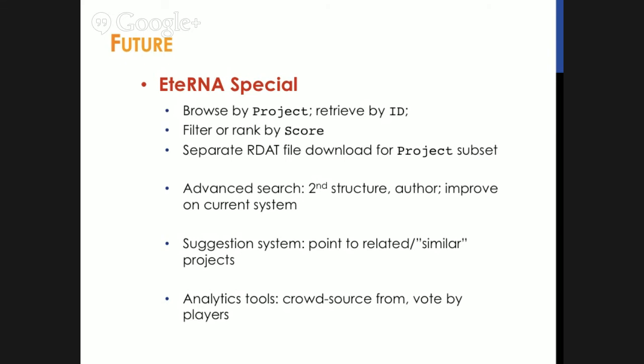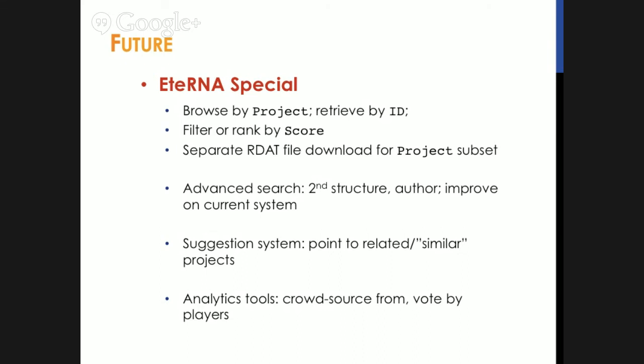Okay. So add a browse by project feature, because these massive RMDB entries have like 5,000-ish rows, and you can just concentrate on the subset of the rows you're interested in. Also, you can retrieve by the internal ID for each row.